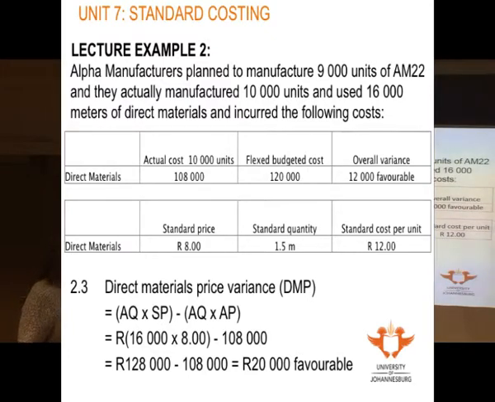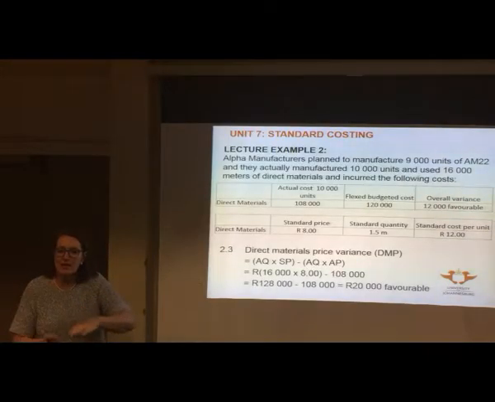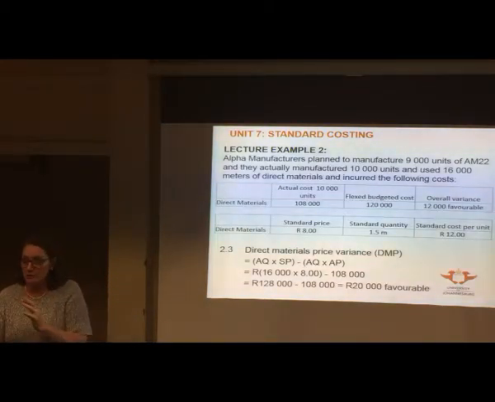So if one of the questions was, what was the actual price per meter that they paid, which is how some of the questions in your ULINK quiz are structured, you can say, well, my actual cost was 108,000 and the actual meters was 16,000 meters. Therefore, the actual price must be 108,000 divided by 16,000. That's going to give you your actual price. So from the information you're given, you're able to calculate everything.